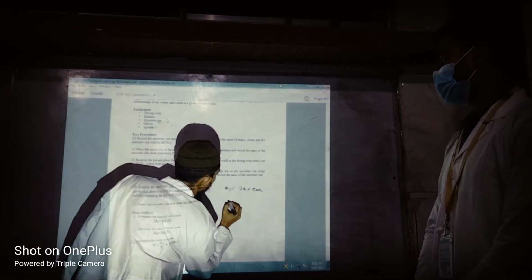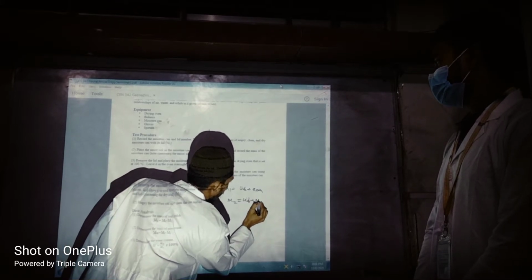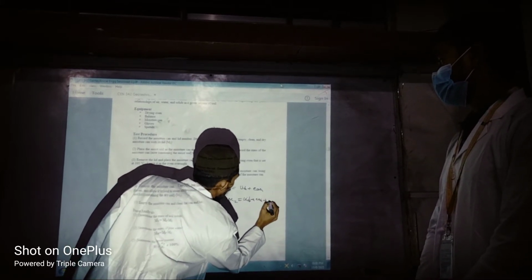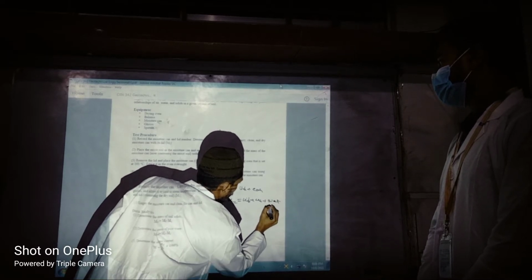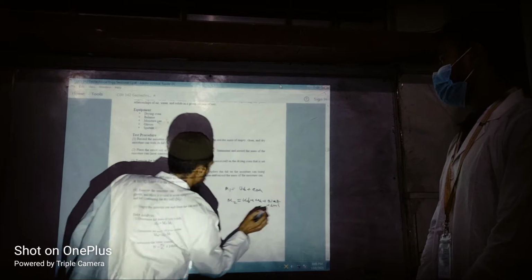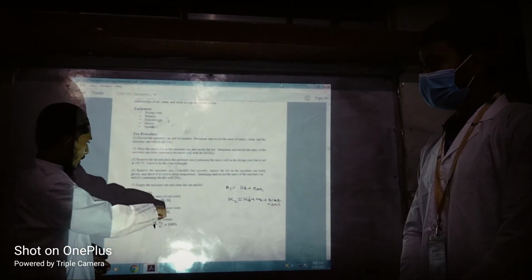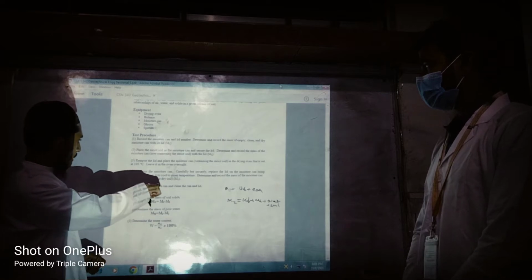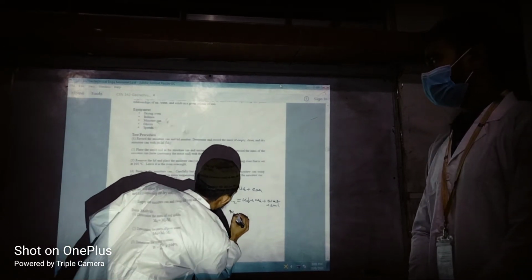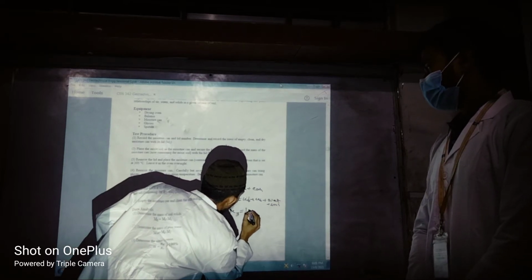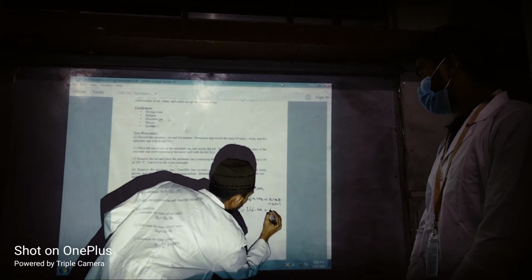M2 is equal to lid and can plus weight of water and soil. Then we get M3. M3 is equal to lid and can plus dry soil.